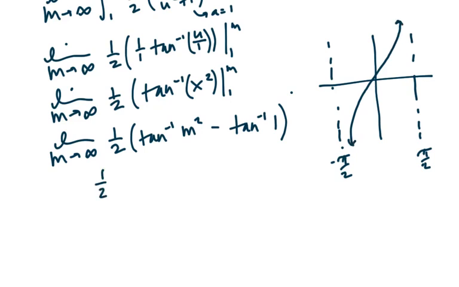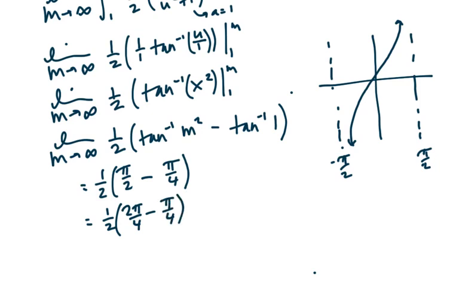So this means we have 1/2 times pi over 2, minus, sorry, don't close that parentheses, 1/2 pi over 2 minus the inverse tangent of 1, which is pi over 4. So we have 1/2 times 2 pi over 4 minus pi over 4. So we have 1/2 times pi over 4, which gives us pi over 8, which is convergent.